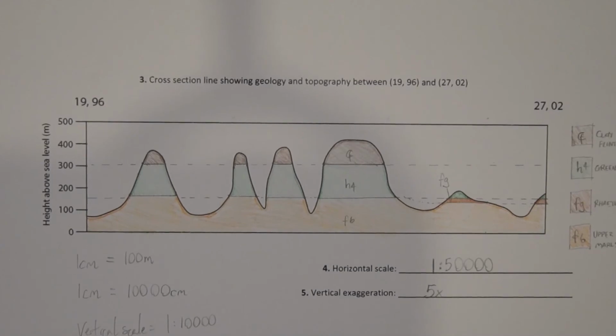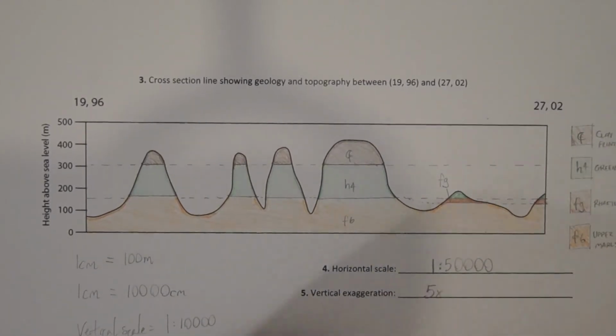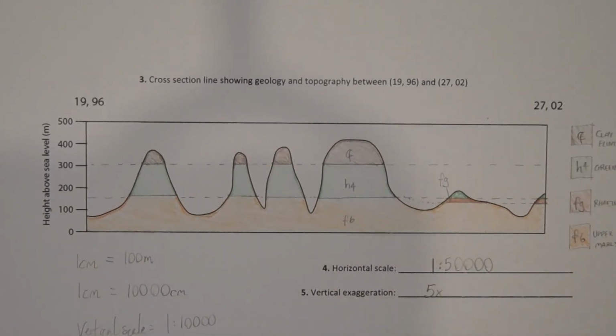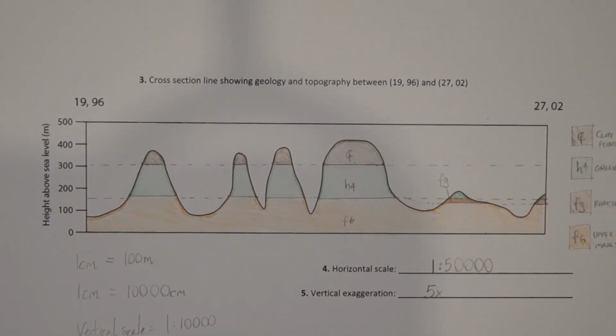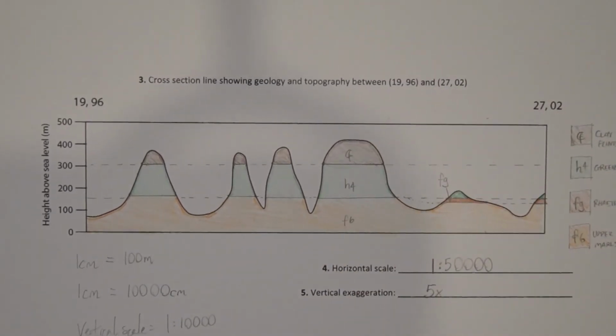Okay, so let's go through our checklist. We've got the subsurface geology done. We've shown where its continuation above the modern weathering surface would be. We've given it a horizontal scale, and we've given our section a vertical exaggeration factor. We've got a key which shows what the rock types we've drawn on our cross section are in reality.